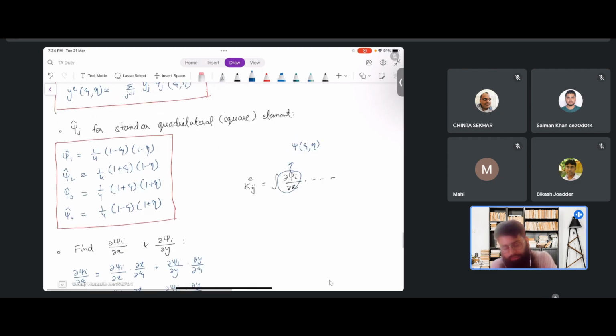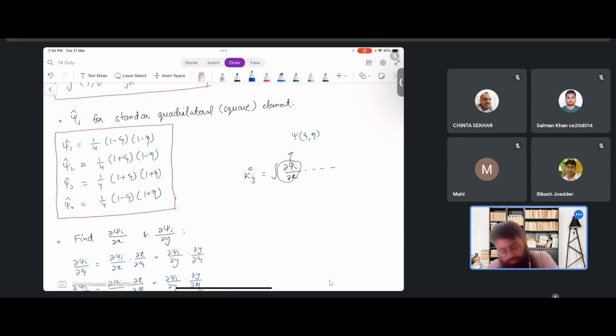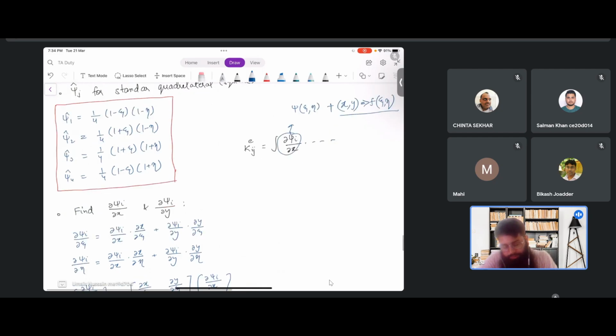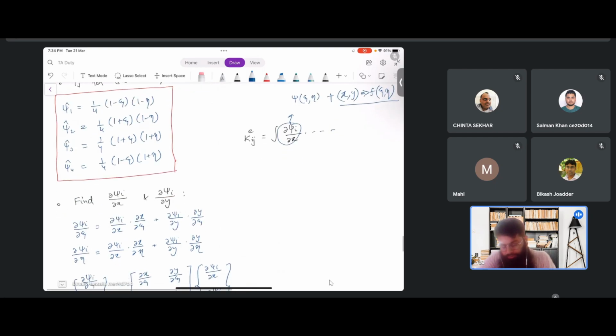One thing else we know is the relation of our xy coordinates as some function of zeta and eta. It's not just one function, there are two functions, of course, just representing it like that. So that's where your Jacobian comes into action.